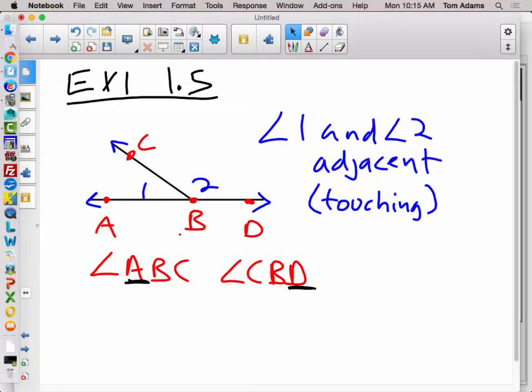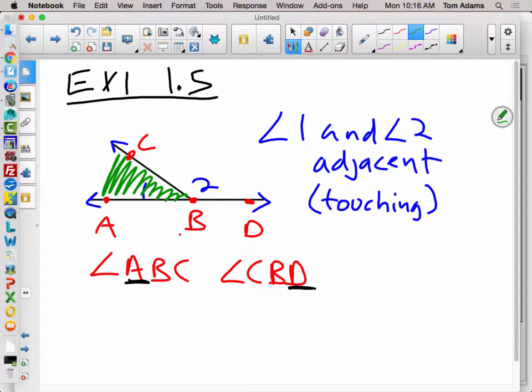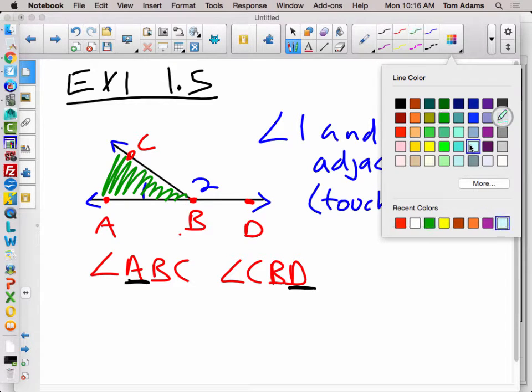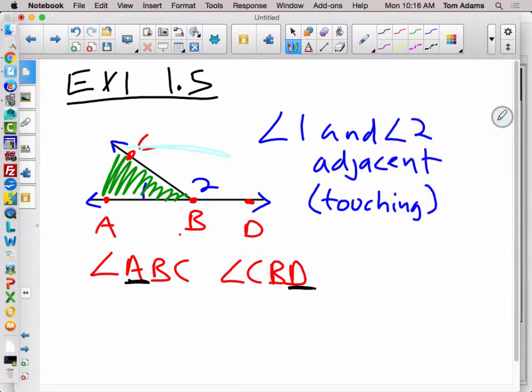So what they're talking about, and I'm trying to think of an informal way to describe it, but if I draw a picture, it's a little clearer. This angle, if I color this angle in, and I color the other angle in, you'll never have an overlap of color. That's a better way to describe it.